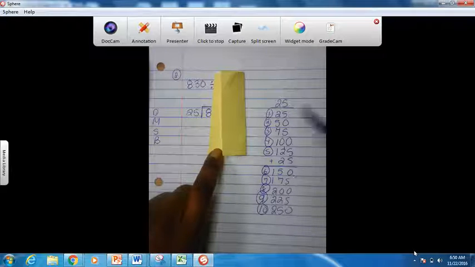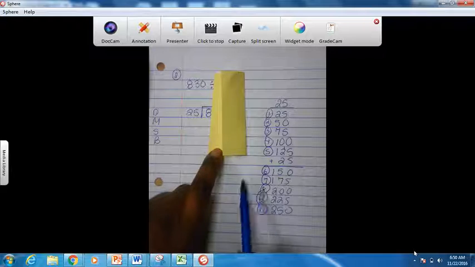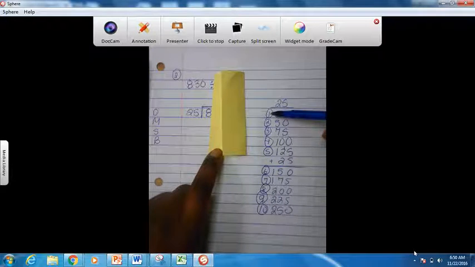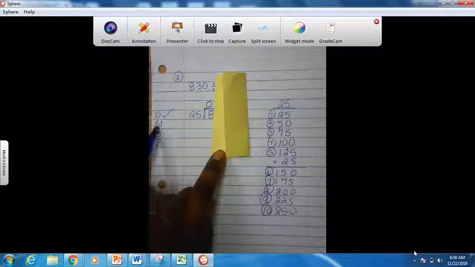And if you're thinking that the answer is here, no, this means 25 times 8. We want to know, how many times can 25 go into 8? So 1 times 25 already is 25. So that is 0. We divided, next we multiply.